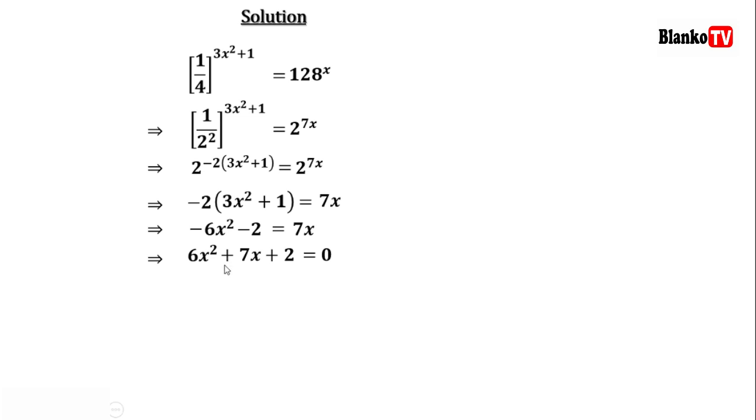We find the factors of 6x², and the factors are 2x and 3x. So we draw our bracket, then we put in 2x and 3x. That is the factors of 6x². I hope you are following it.